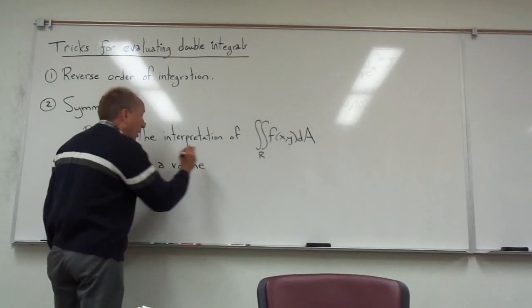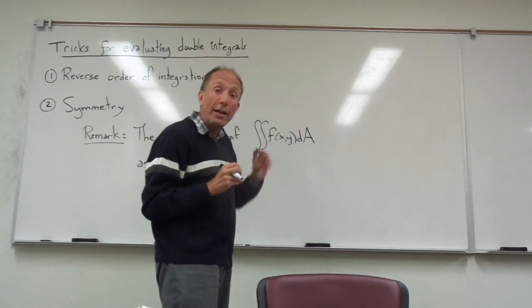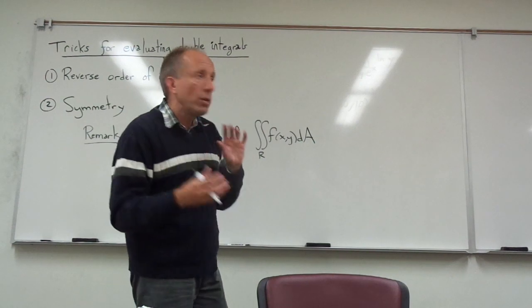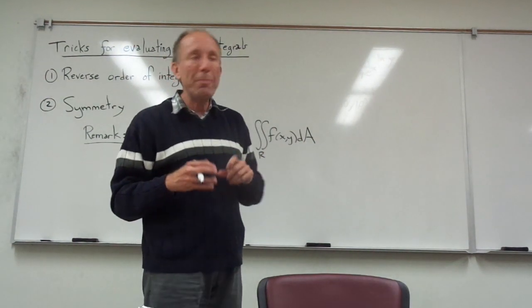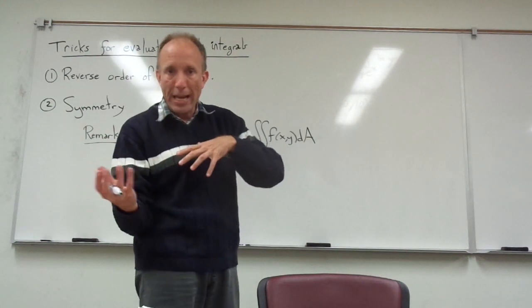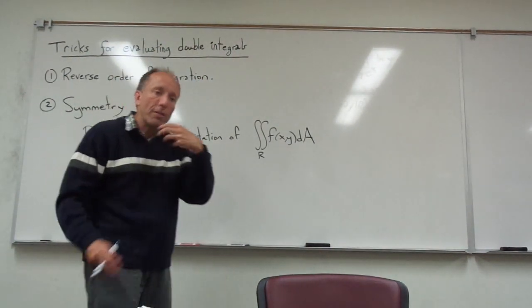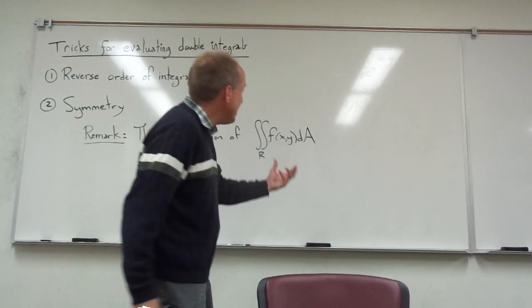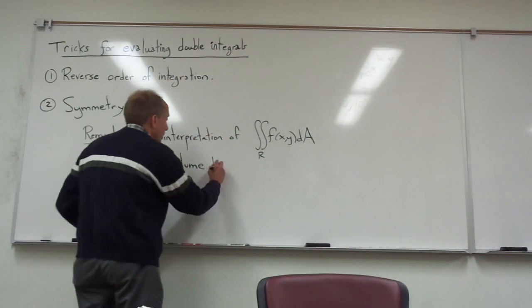But it turns out that if our function f of x, y is negative, even if it's only partially negative for part of the time on the region R, maybe it's sometimes positive, sometimes negative, then if our function goes below the xy plane, if z is negative, this interpretation breaks down.